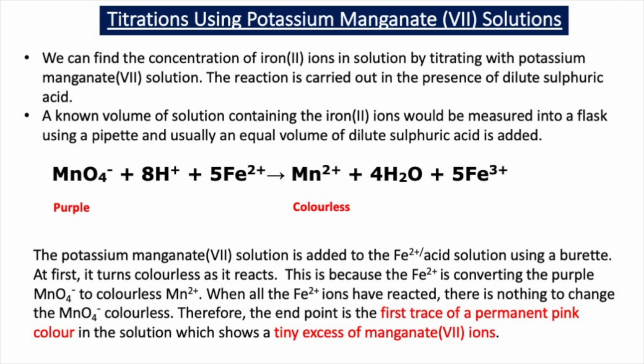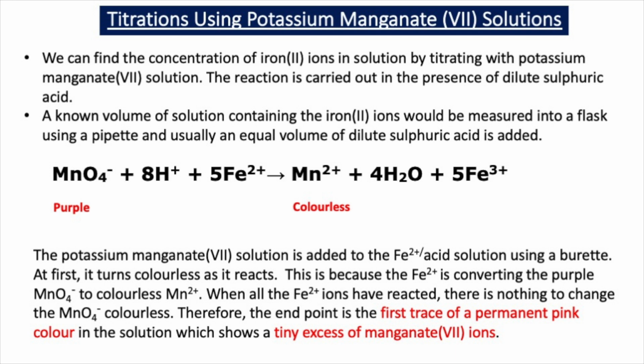Now, the potassium manganate(VII) solution is added to the Fe2+ acid solution using a burette, and at first it turns colourless as it reacts. This is because the manganate ion is purple, and when it reacts with the Fe2+, the Fe2+ immediately turns it colourless because it changes it to Mn2+. Now when all the Fe2+ ions have reacted and there are no Fe2+ ions left in the conical flask, there is nothing to turn the MnO4- ion colourless.